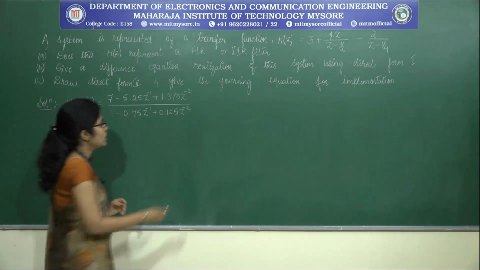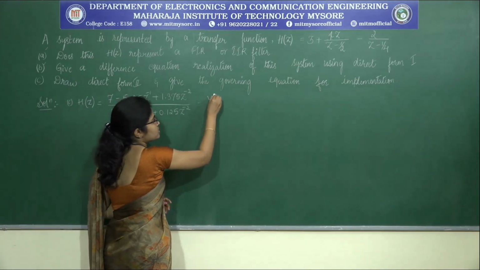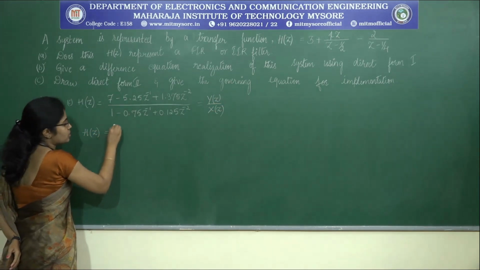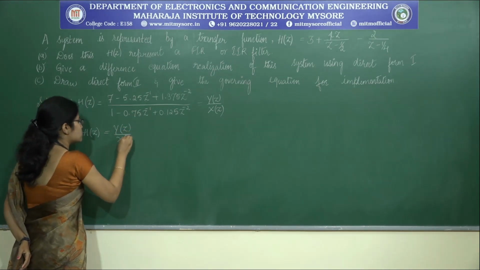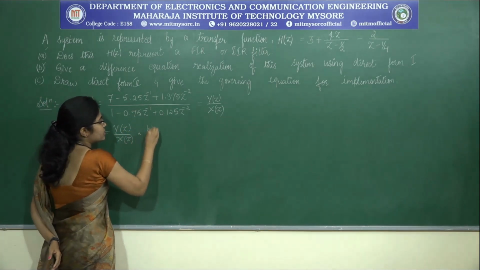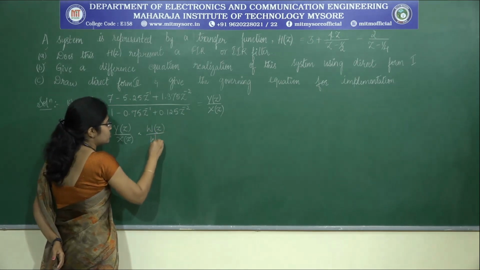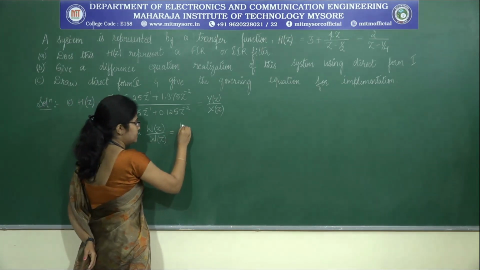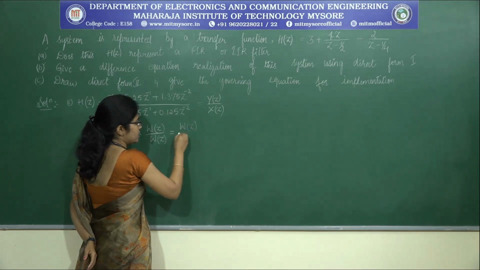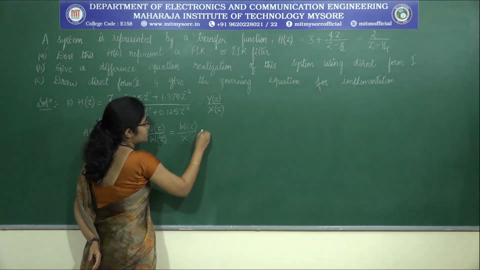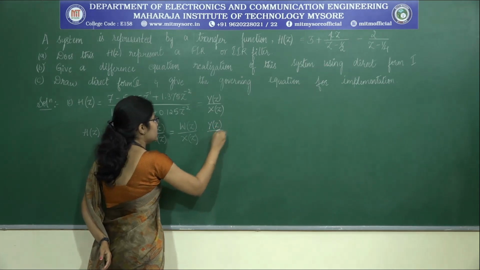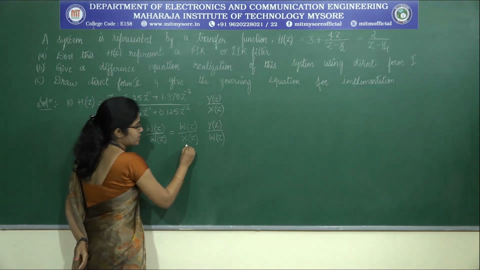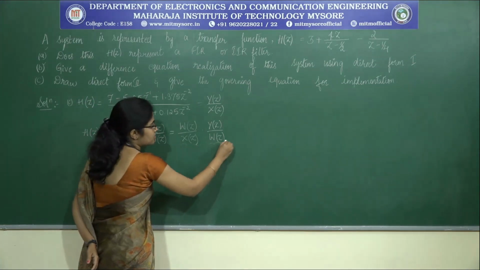Now in direct form 2, we know H of z is nothing but Y of z by X of z. Let H of z be equal to Y of z by X of z into W of z by W of z. So, if I rewrite this, I can rewrite this as W of z by X of z into Y of z by W of z, where this is nothing but our H1 of z and this is nothing but our H2 of z.